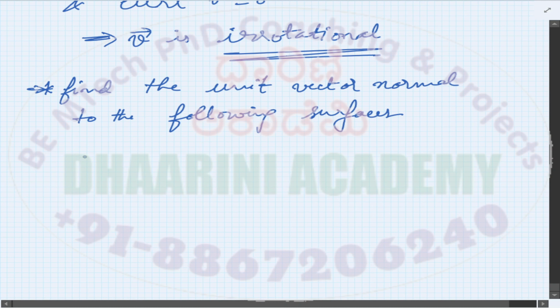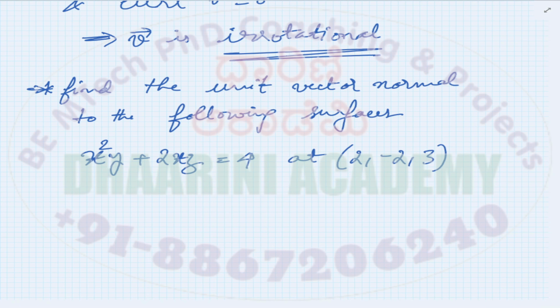The first one is x square y plus 2xz equal to 4, a surface at the point 2, minus 2, 3. So my intention is to find the unit vector that is perpendicular at a given point.